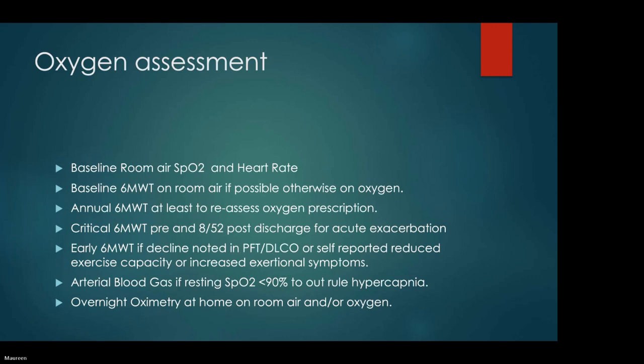Then we do what we call a 6-minute walk test, which is an internationally recognised standard test where you walk somebody for 6 minutes at their own pace on the level, and you measure their oxygen saturation and their heart rate at generally 30-second intervals. And you also ask them about their breathlessness score, which is a Borg score from 0 to 10. And we monitor the distance that you walk. And we use that for comparative purposes over subsequent visits.